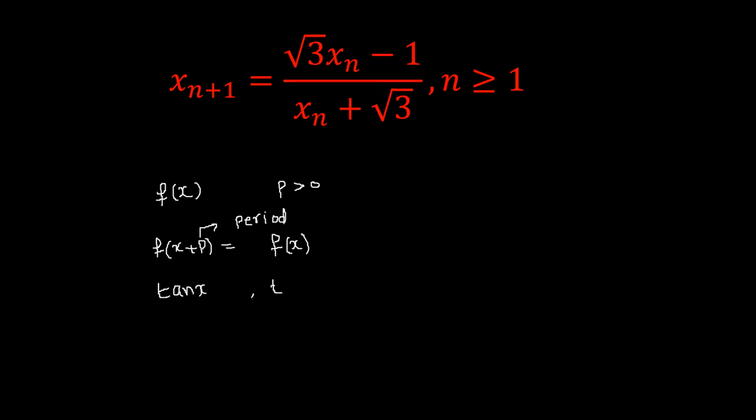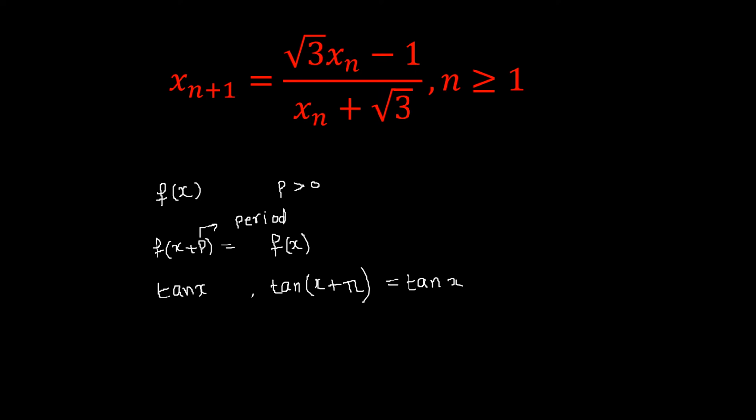So tangent of (x + pi) is the same as tangent x. Similarly, if you look at the graph of the tangent function, after an interval of pi it repeats its values.